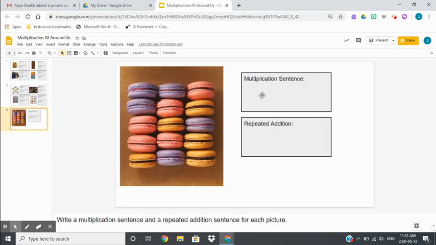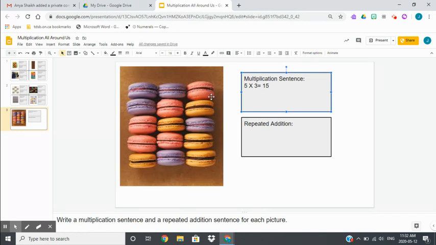So let's see, how many groups do I have? I can look at this and say that I have either 5 groups, so 5 rows, with 3 cookies in each row. So I could write that down as this, 5 rows times 3 cookies in each row, and I could do 15 here, okay, because there's 15 altogether.